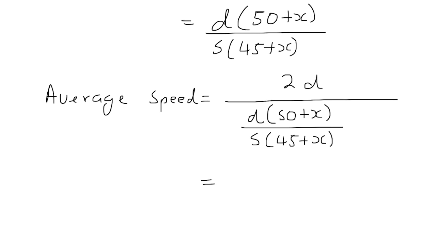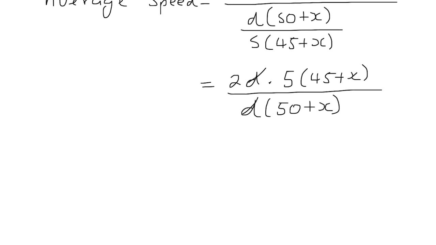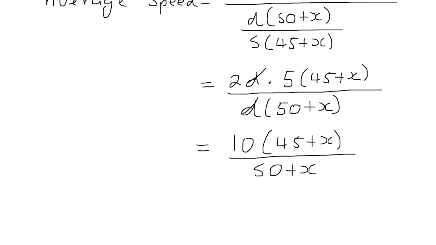Then we get 2d multiplied by 5 into 45 plus x all over d into 50 plus x. Okay, so d and d can then cancel once again. And then we end up with 10 into 45 plus x divided by 50 plus x.